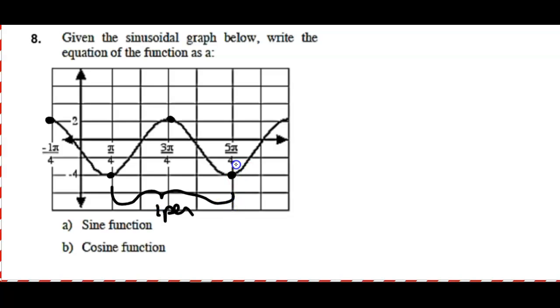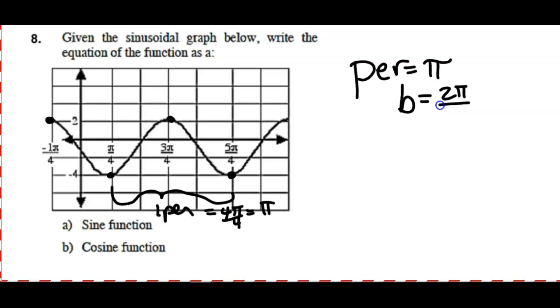And 5 pi over 4 minus 1 pi over 4 is a distance of 4 pi over 4, or pi. So the period is pi, no matter what we call it. So the B is going to be 2 pi over that pi we found. So our B is going to be 2.